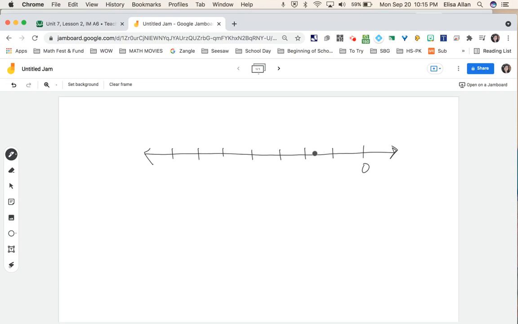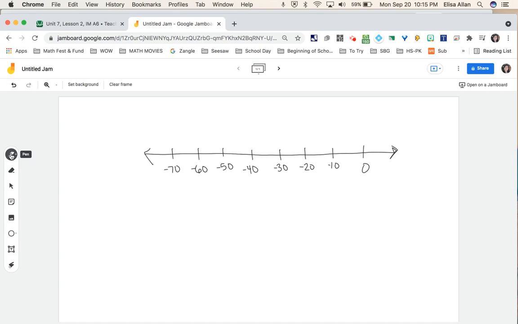So here, this would be negative 10, negative 20, negative 30. So I'm going 30 away from 0 to the left, negative 40, negative 50, negative 60, and negative 70. And so obviously this can continue going on, but I'm going to stop it right there.